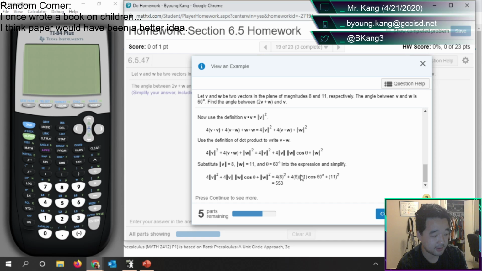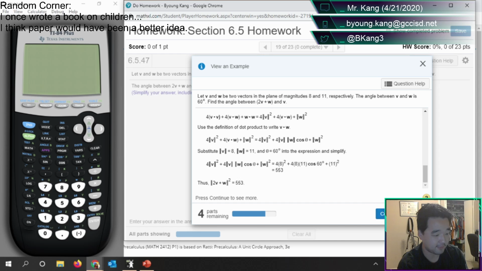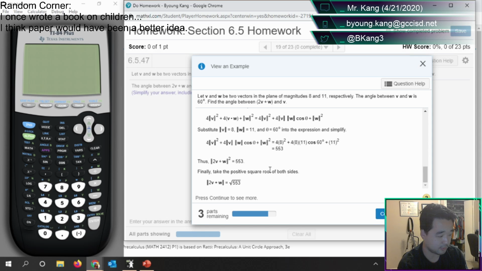It's going to be that same 44. So plug in the 8 for magnitude of v, plug in the 11 for magnitude of w. So that chunk, the magnitude of 2v plus w, is 553 for this particular problem. So you have every single number to plug in into the cosine formula. Remember, the magnitude is going to be the square root of that.